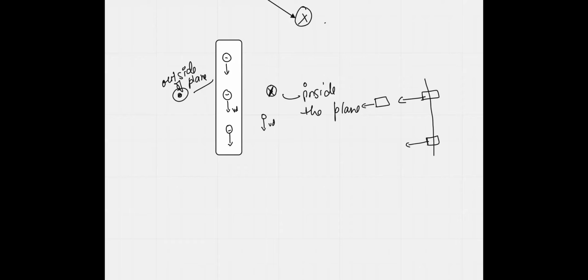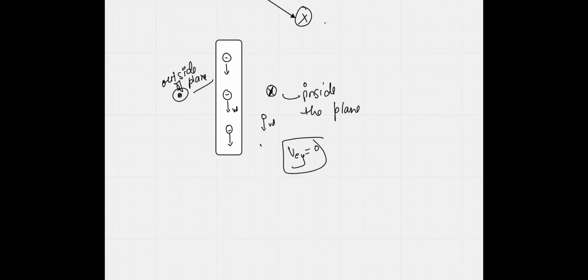So you were with him previously, and here also you are with him. So you will say the object is at rest with respect to you. In this condition, the velocity of the electron with respect to you is going to be zero.